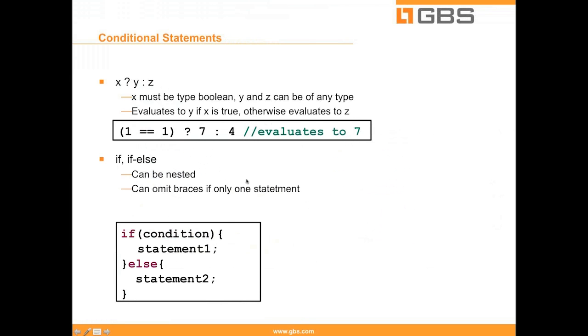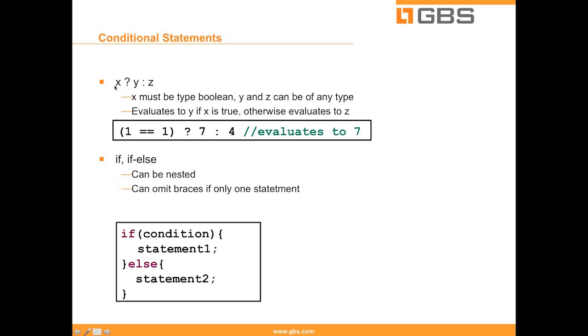Conditional statements. I don't use this one a lot, honestly, but I prefer, and I guess it kind of makes me old school, the if else. Although I see this used pretty often enough that you should be aware of it anyway, is the x question y colon z.